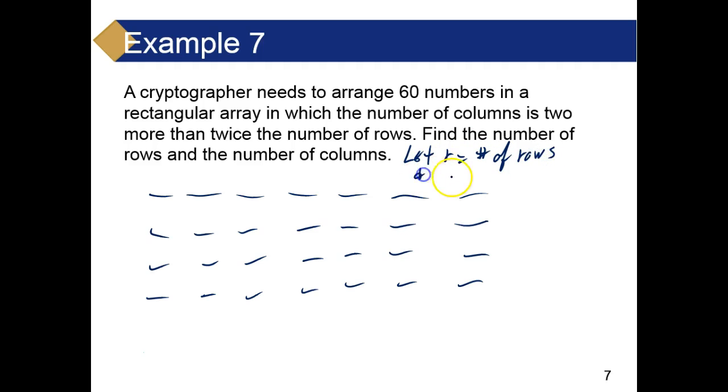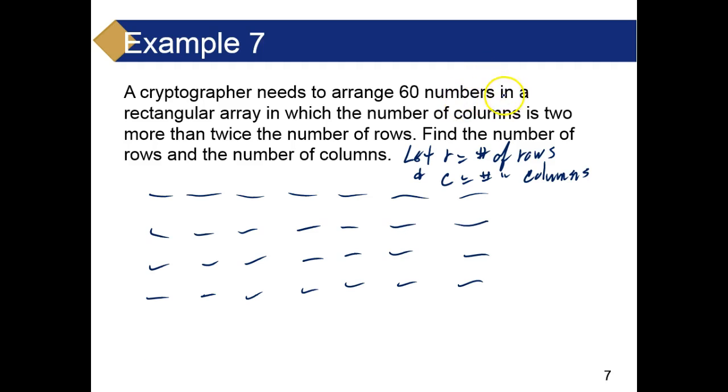And C equals the number of columns. Now we go back up here and read this second phrase, in which the number of columns, what's that?